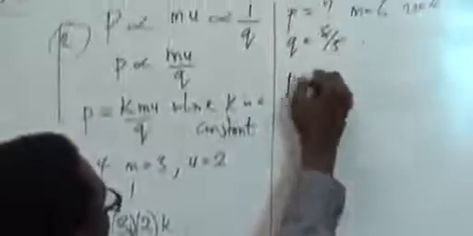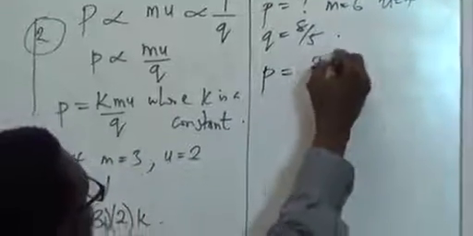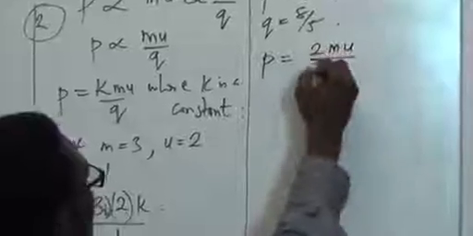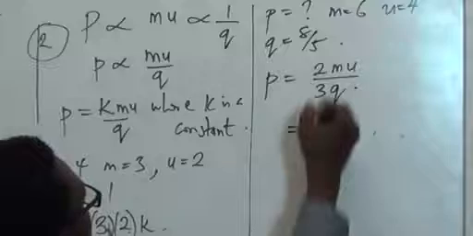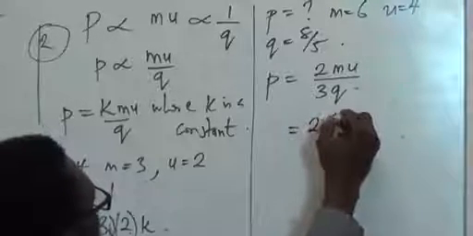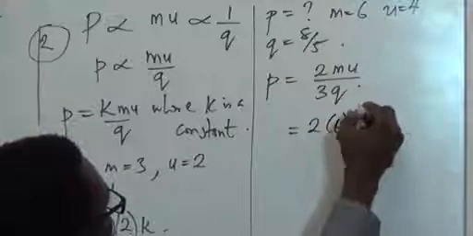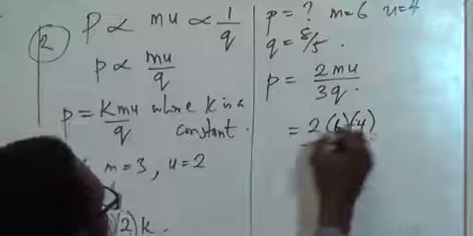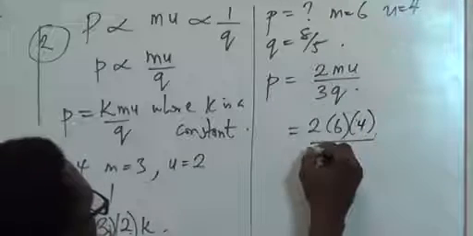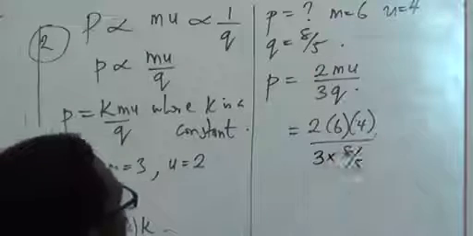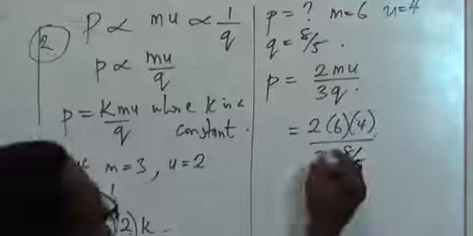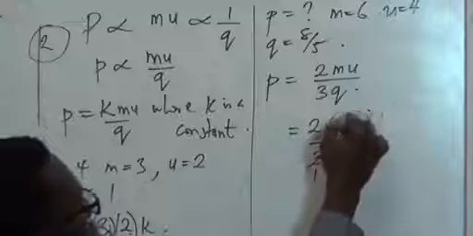So with that relationship, we can find what P is equal to. P equals 2MU all over 3Q. This will now give us, so our M is equal to 6, our U is equal to 4 all over 3 times Q, which is 8 over 5. So from here, 3 we go here 1, 3 we go here 2.